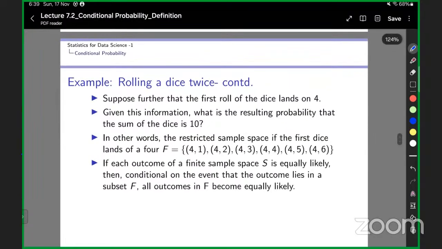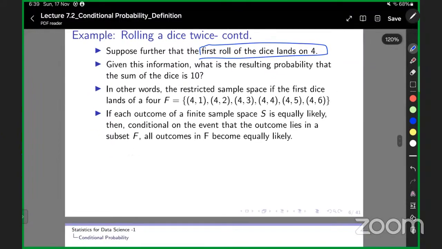Okay, so this example says that first, you roll a die, and the first roll is a 4, right? You toss it twice, and the first one rolled 4. That is my event E, that the first roll is 4.